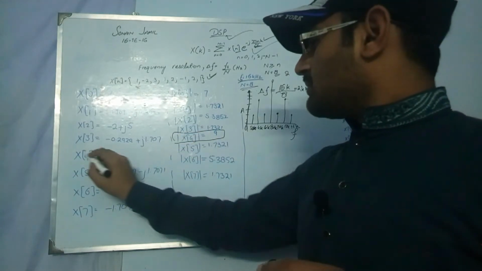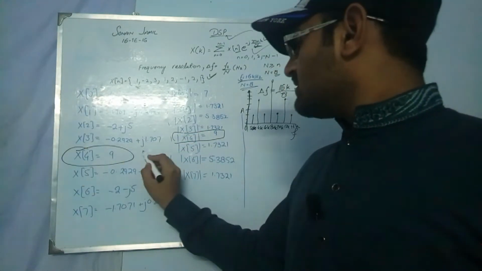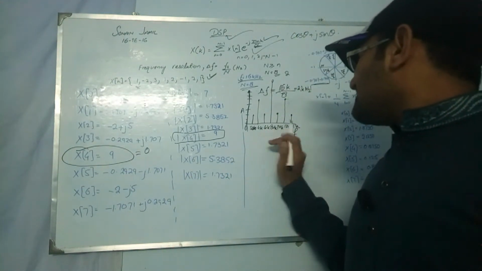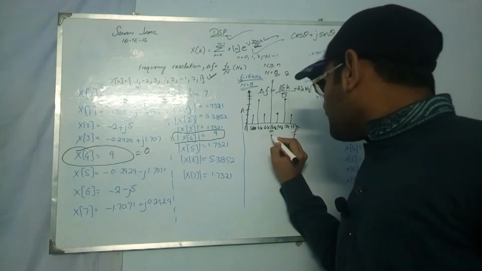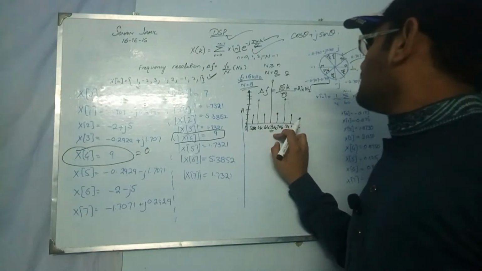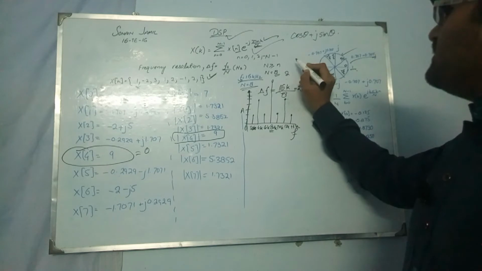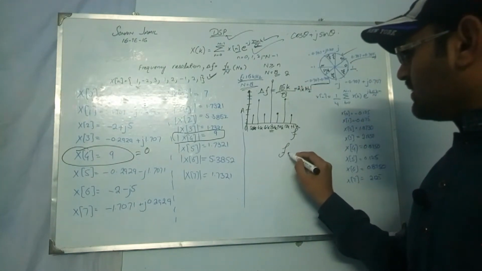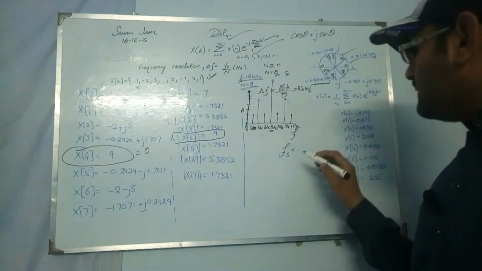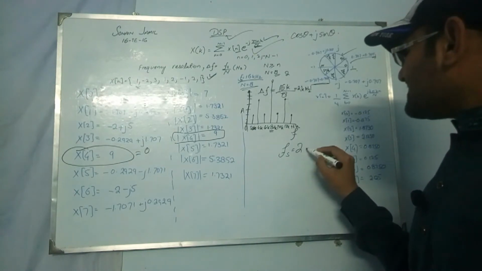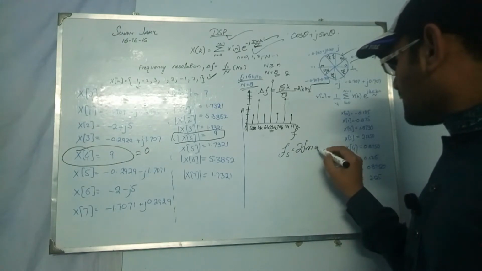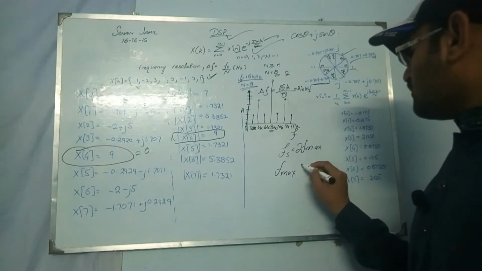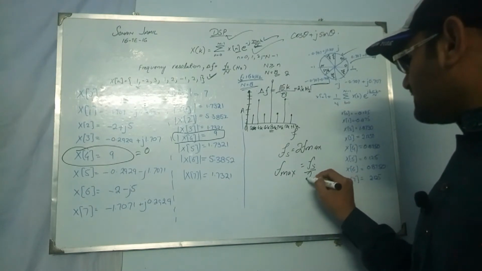I will just make this component 0. Why? Because the maximum frequency occurs at this one. According to Nyquist's theorem, fs should be twice the maximum frequency. So if I want to calculate the maximum frequency, what will be the maximum frequency at this stage?